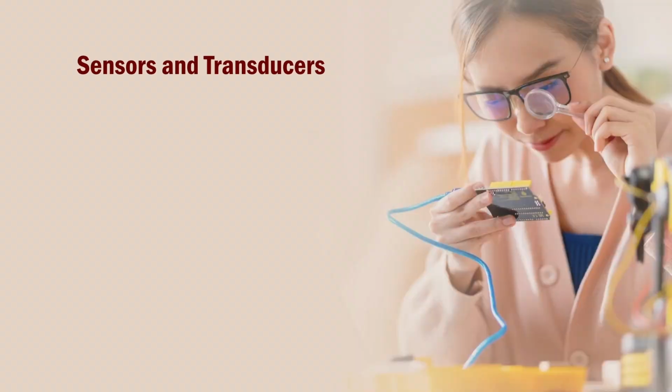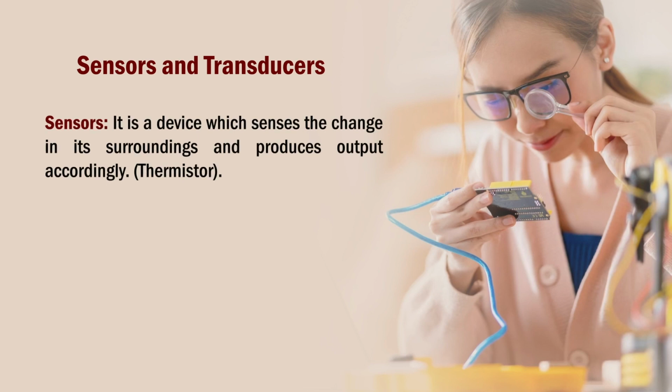Now, first of all, we have to see the basic difference between sensors and transducers. A sensor is a device which can sense the changes in its surroundings and convert them into electrical form. The changes can be in the form of change in temperature or change in concentration of gas or in some other form.